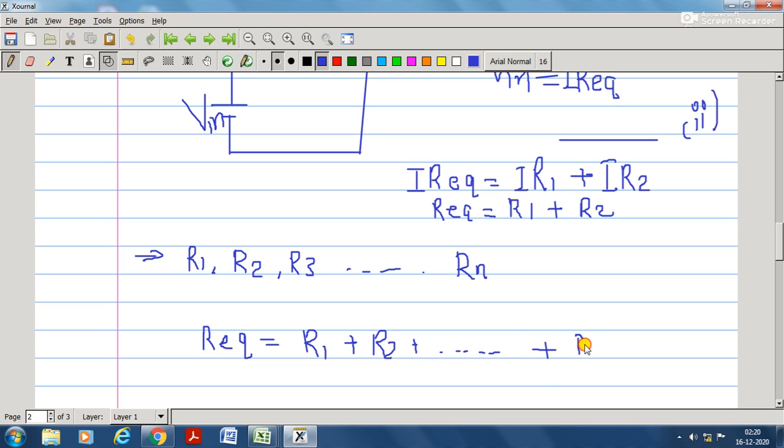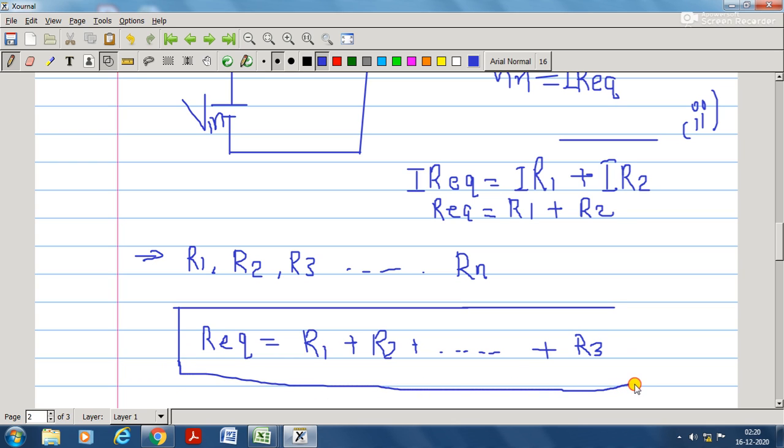So this is all about the series combination of resistors. This is the final formula for the series combination. Now let's move to the parallel combination of resistors.